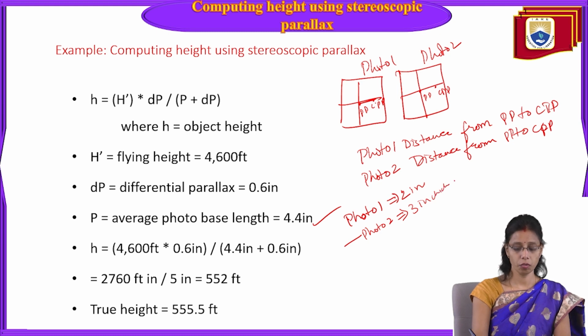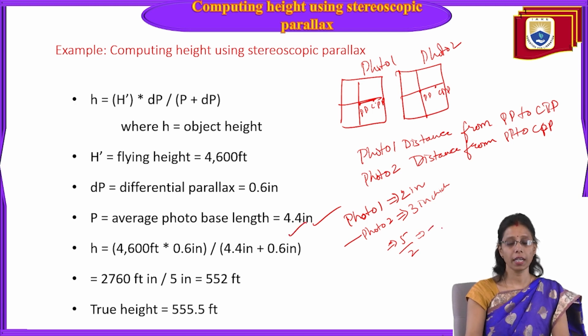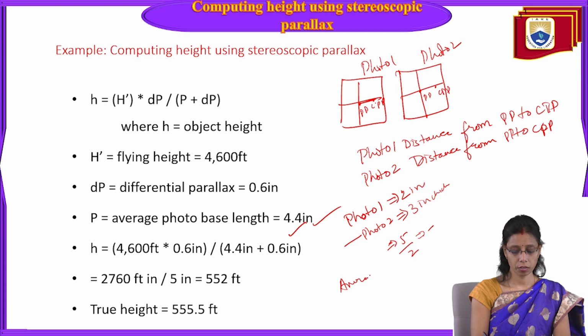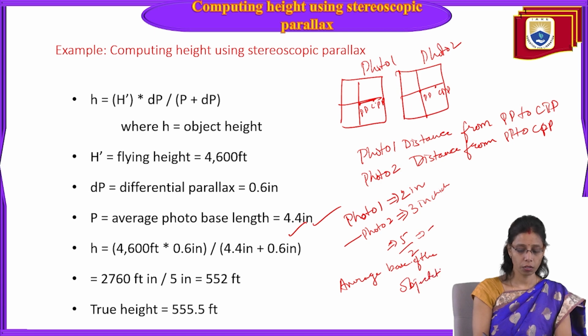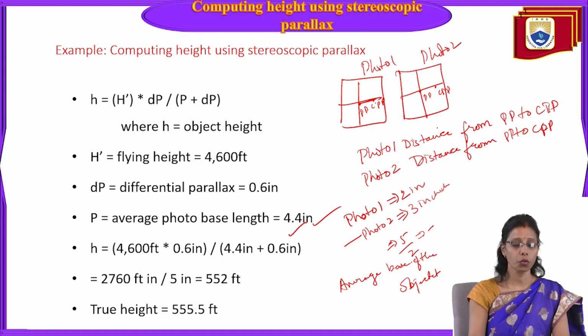So what we have to do? 3 plus 2, we will get 5. 5 divided by 2, we will get the average base length of the object. So here already the data is given, that is 4.4 inches from photo 1 and photo 2.